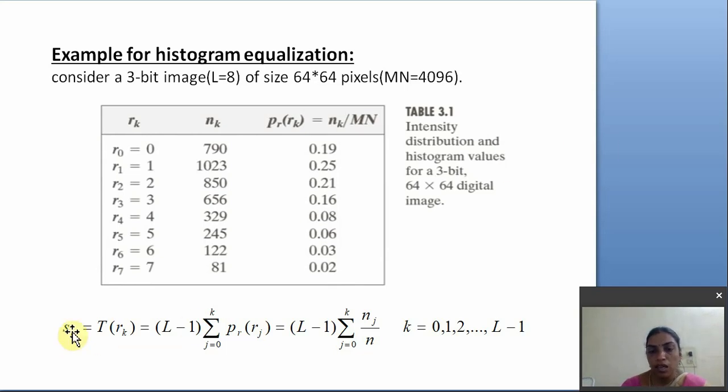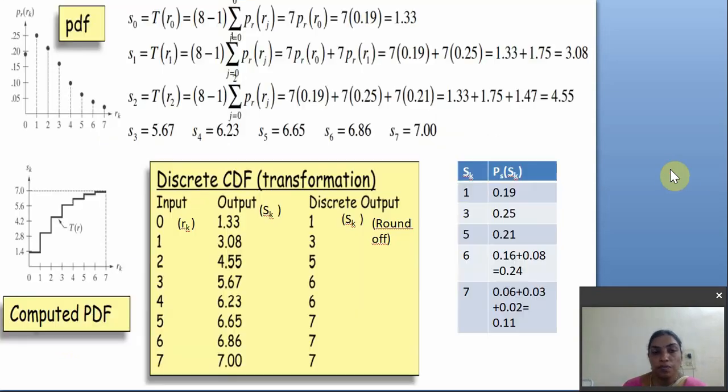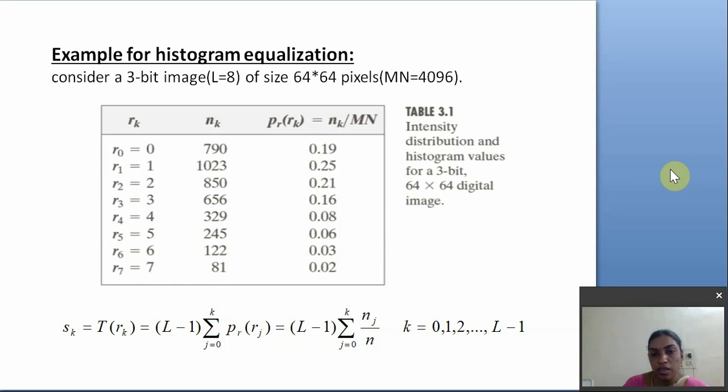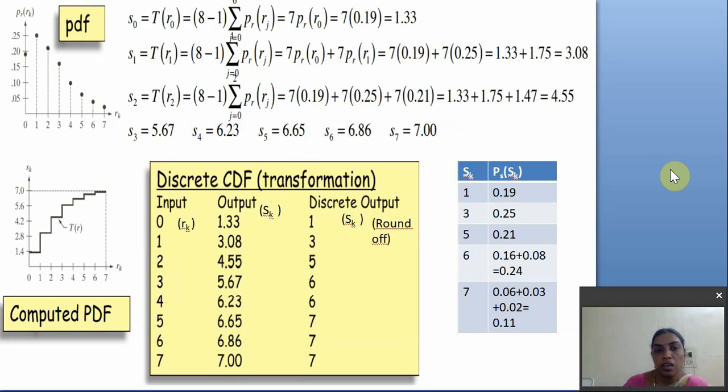Okay, so take this formula to find the Sk values from the Rk values. Remember the definition or the formula for Sk.